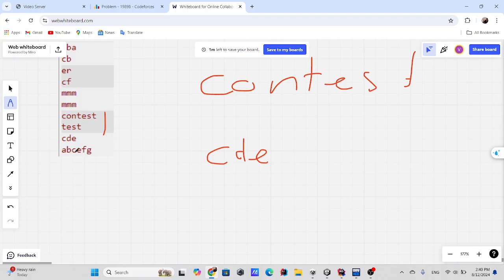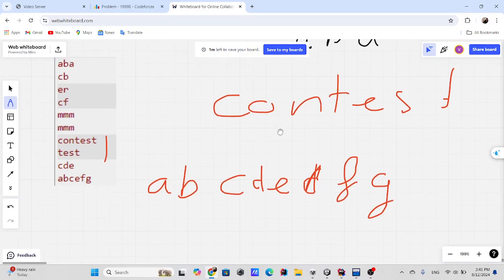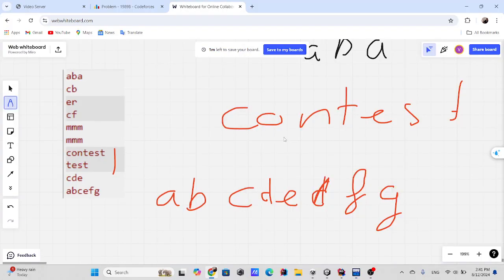A, B, C, D, E, oh no, E here, A, B, C, E, F, G, right? So it will be 7, right? Okay, correct. So let me think about the approach here for the problem.